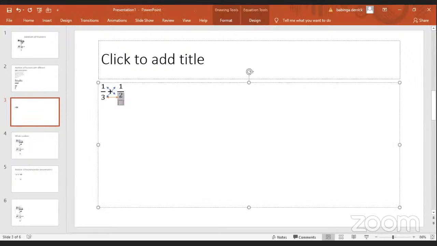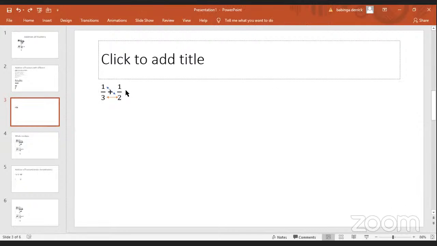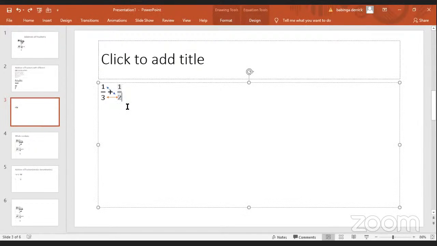So after doing that, you come and say 1, you pick numerator times denominator. So you have 1 times 2.